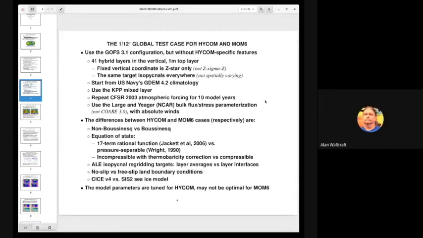So when we run HICOM, we use the CORE 3 algorithm, not Large and Yeager, generally speaking. But because MOM actually has Large and Yeager built in, we switched to using that. And generally, when we run HICOM for prediction, we would use relative winds.